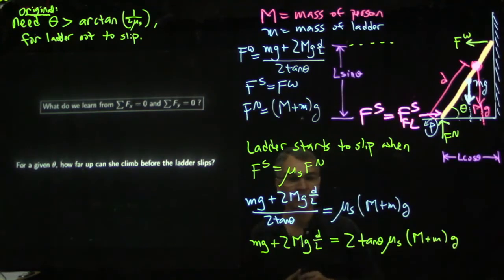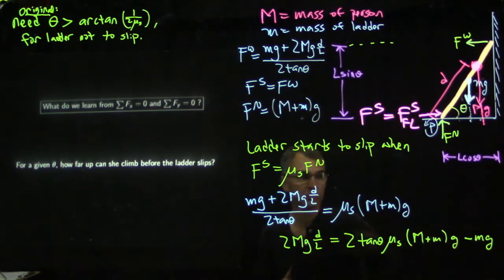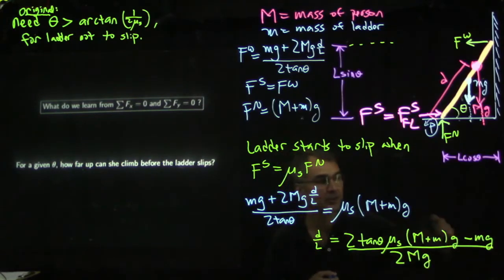So we want to know how far up the ladder she can climb before the ladder starts to slip. So I guess we really want d, or d over L. So let's try to isolate that. We can move mg over to the right-hand side, and then divide by everything we don't want here. So let's divide by 2 big Mg. And then we can also cancel the little g from top and bottom.